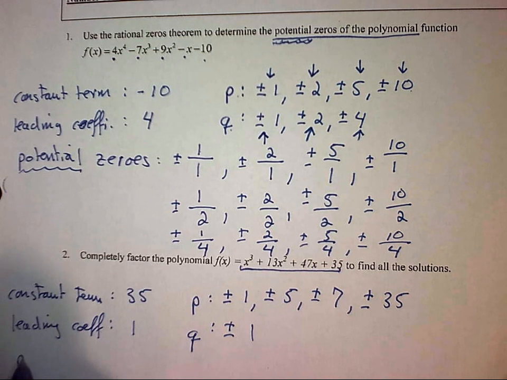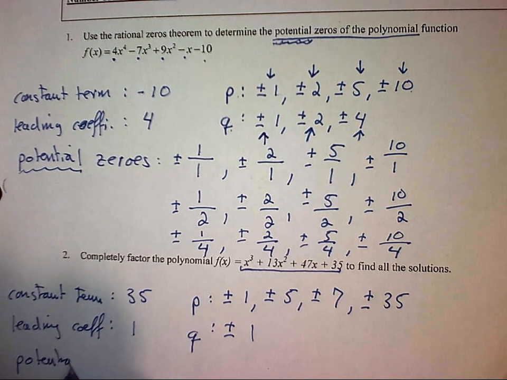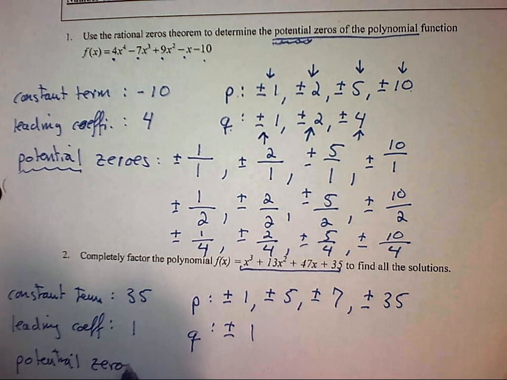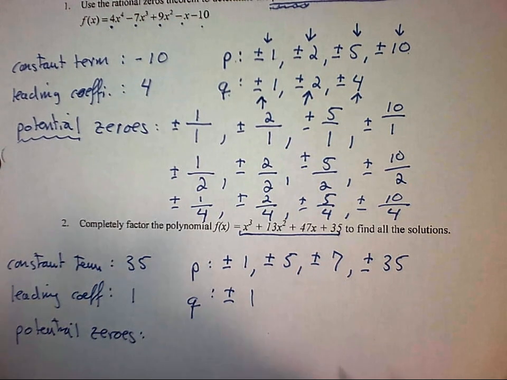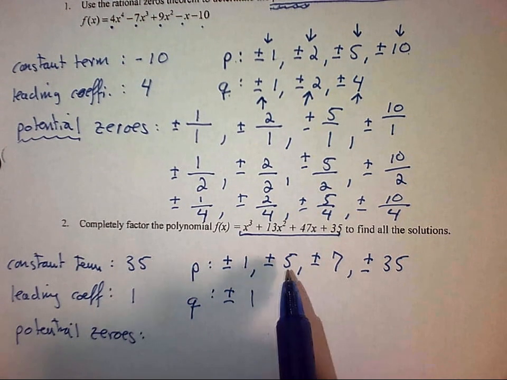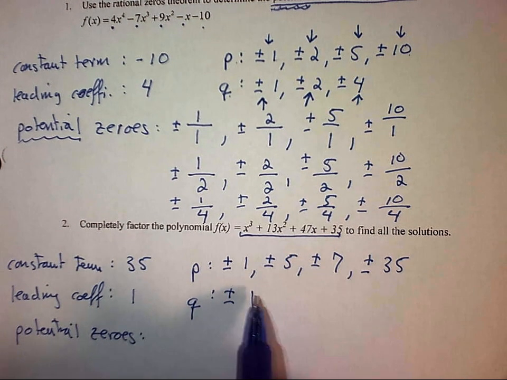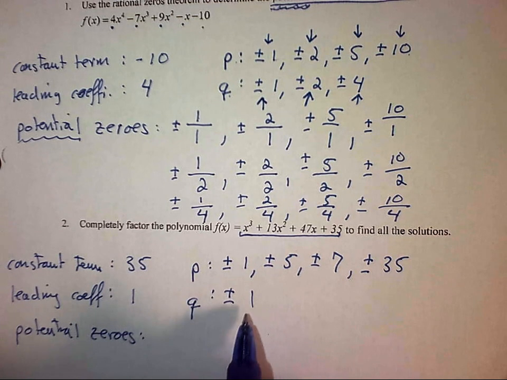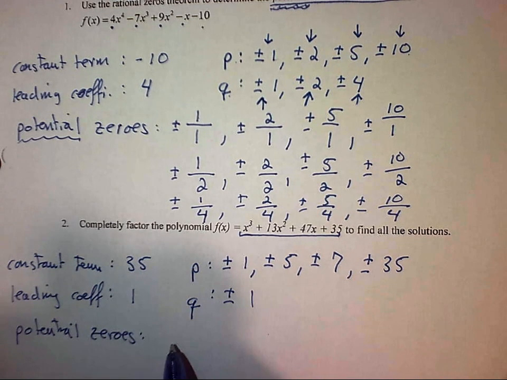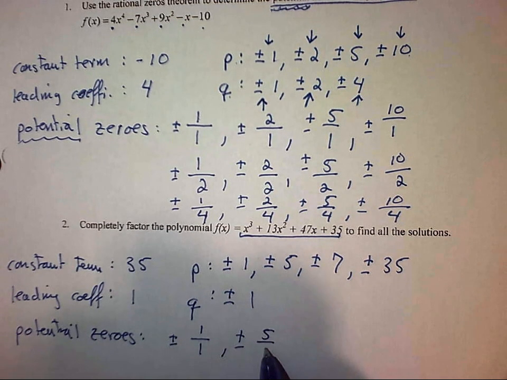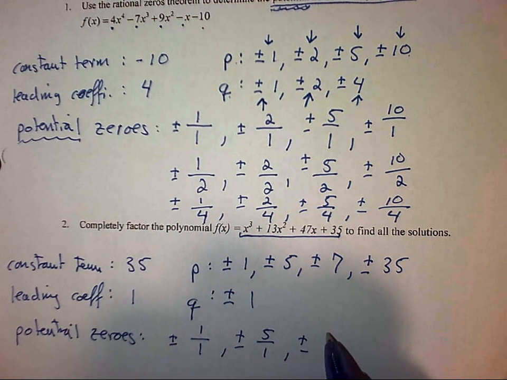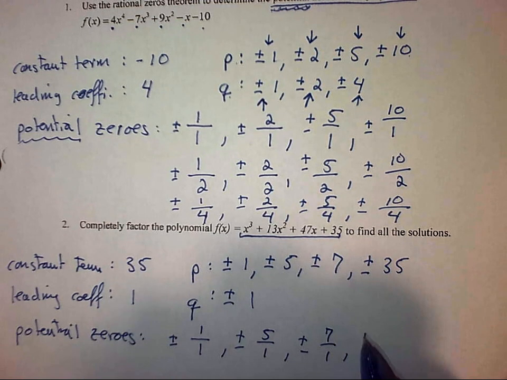So if we go through this again, to figure out all of our potential zeros, we're going to go down the list and take these things as our numerator, and now we just have one possible option for our denominator. So we're going to have plus or minus 1 divided by 1, plus or minus 5 divided by 1, plus or minus 7 divided by 1, and plus or minus 35 divided by 1.